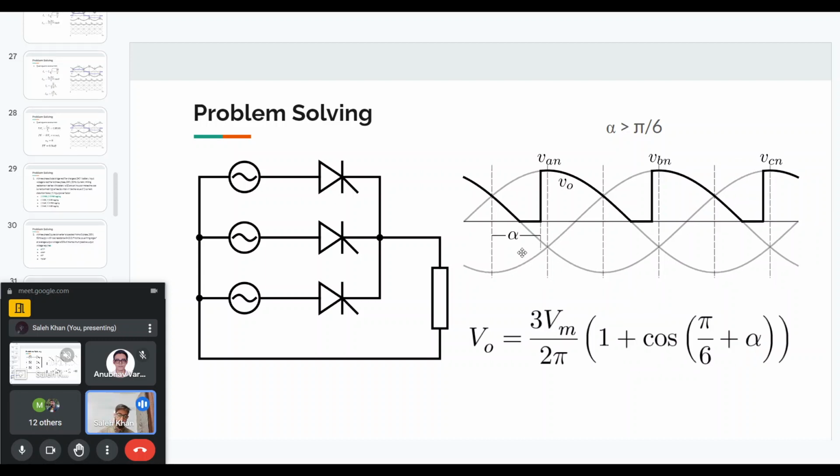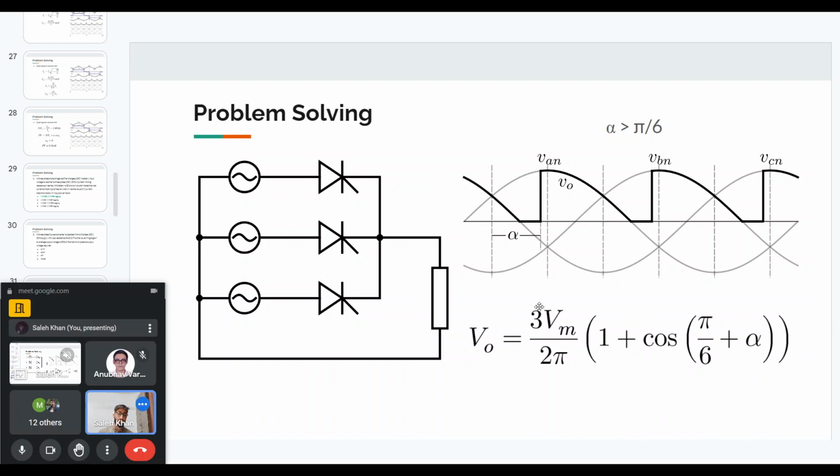Since the current cannot become negative, the voltage also cannot become negative. So for an alpha greater than pi by 6, we will have zero voltage regions, and because of these, the expression for the average output voltage will change.